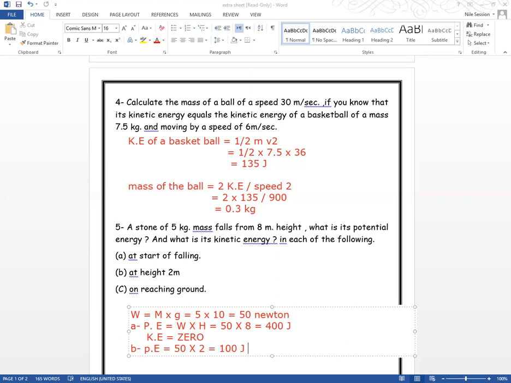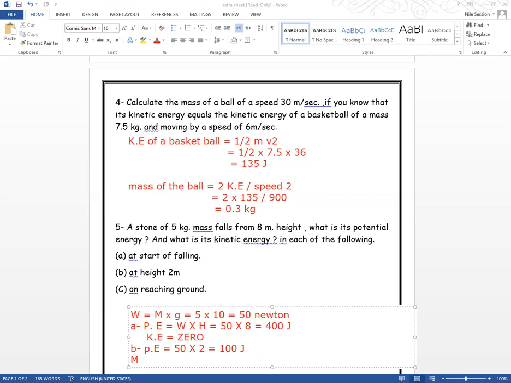Okay, but what is the kinetic energy? At the start of falling, the mechanical energy equals the potential energy only, because the kinetic energy equals 0.